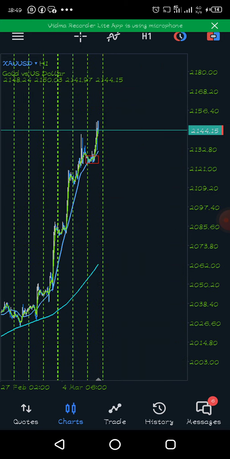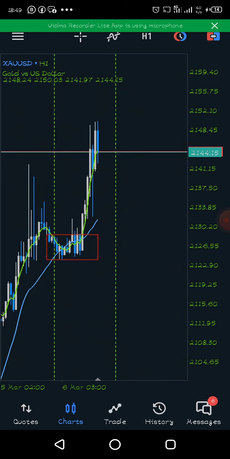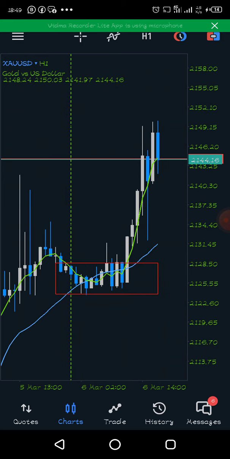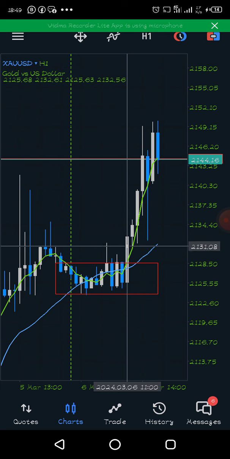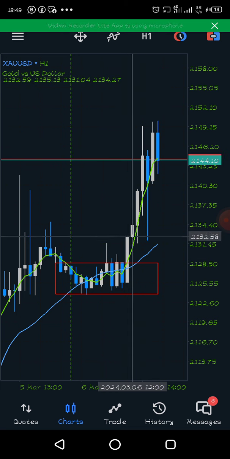So in 1 hour, if I'm going to trade this immediately after this breakout candle here, I can enter my trade in 1 hour.